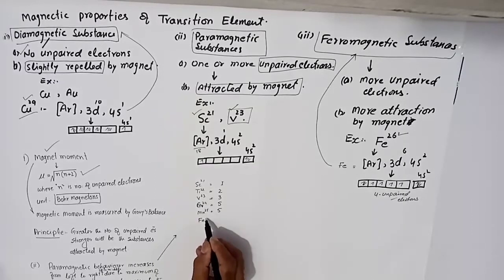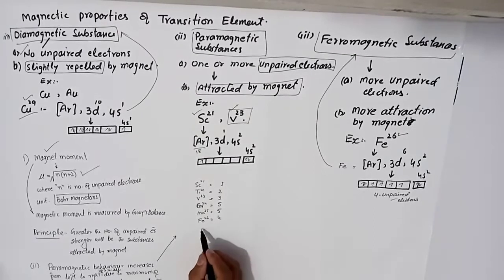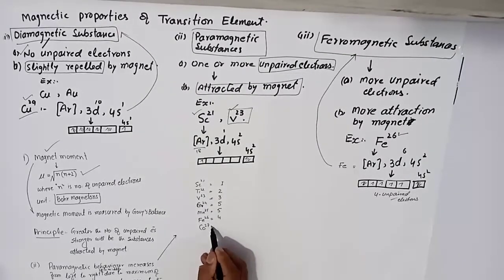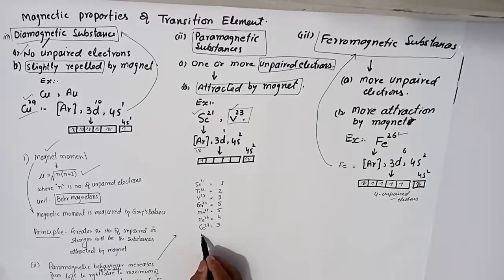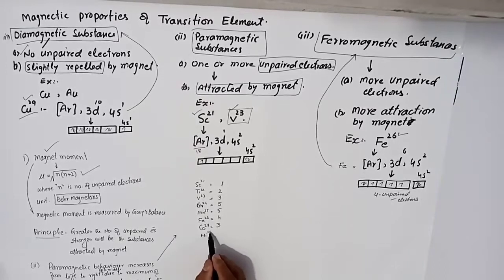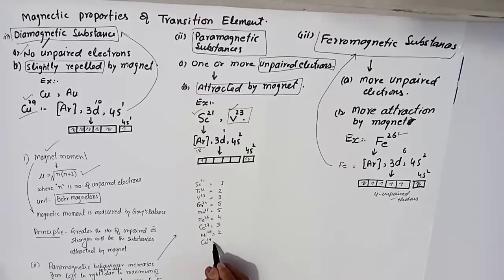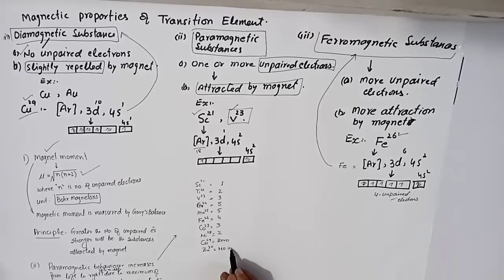Iron 26 has 4 unpaired electrons. Cobalt 27 has 3 unpaired electrons. Nickel 28 has 2 unpaired electrons. Copper 29 has 0 and zinc 30 has no unpaired electrons.